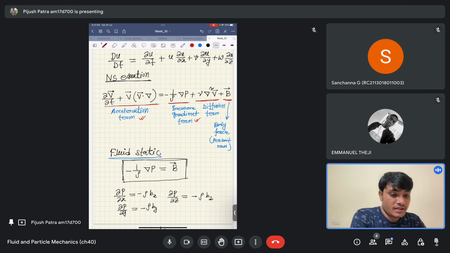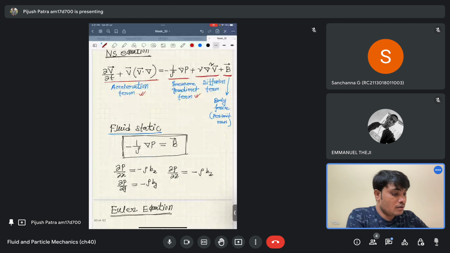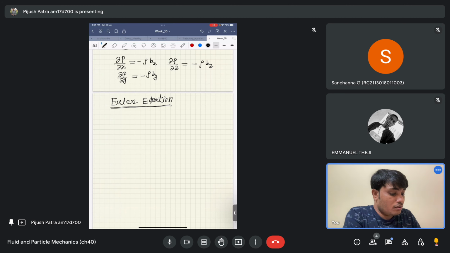It's not entirely hypothetical, but you are just ignoring the effect of viscosity of the fluid. That means you ignore this term, nu into Laplacian of v, setting it to 0 for Euler's equation.